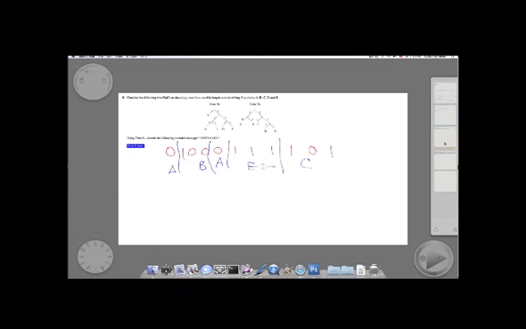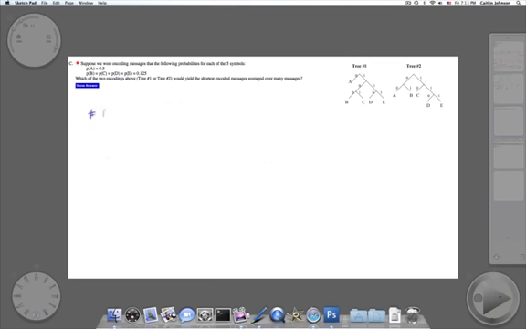And moving on to problem 2c. In problem 2c, we're asked which of the 2 trees given would yield shortest encoded messages averaged over many messages. In order to think about how long many messages might be, we can get a figure for the average number of bits per symbol that we're going to need. So we need to know how many bits are used for each symbol in the trees.